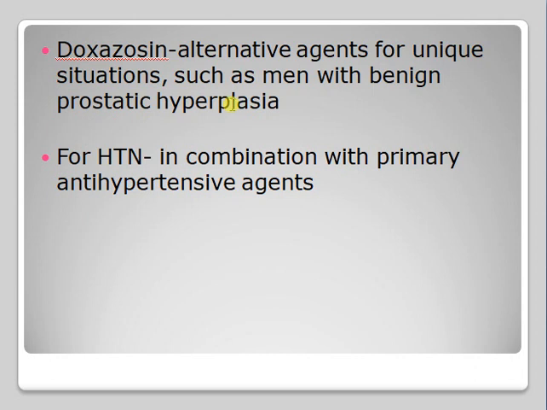Benign prostatic hyperplasia is a disease state that causes enlargement of the prostate gland, and there may be problems associated with the urinary system, so it is specially used for treatment of this condition. If we want to use it for its hypertensive effect, we have to use the drug in combination with other antihypertensive drugs.